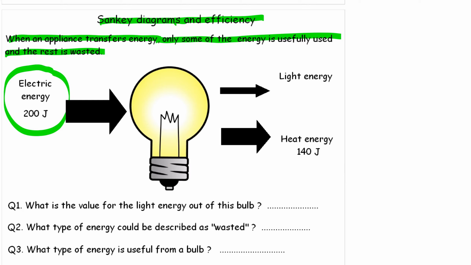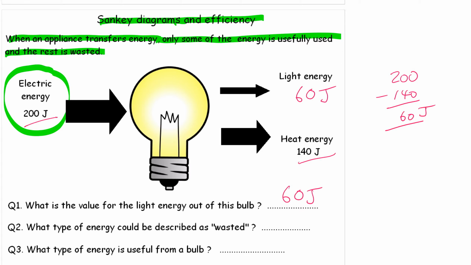So the light energy must be 200, take away 140, that gives us 60 joules of energy, don't forget the units. So question 1, what is the value for the light energy out of this bulb? We've just worked it out. 60 joules. Remember, it's 200 take away 140. Gives me 60 joules.